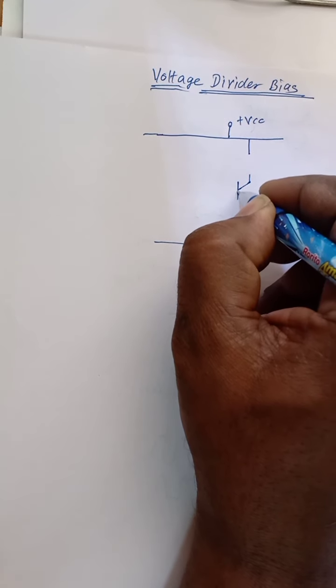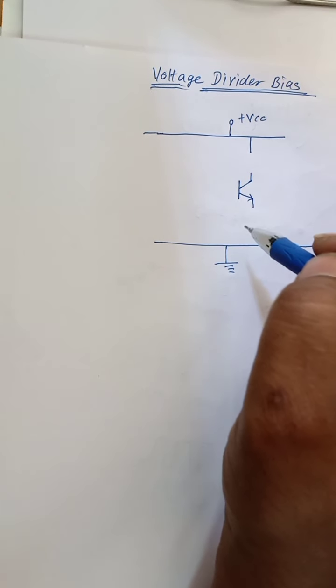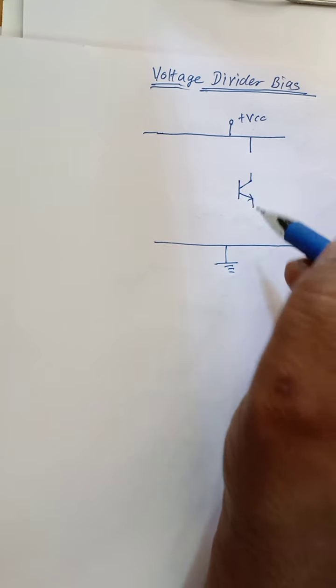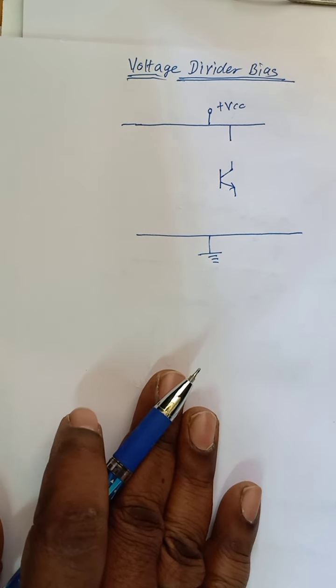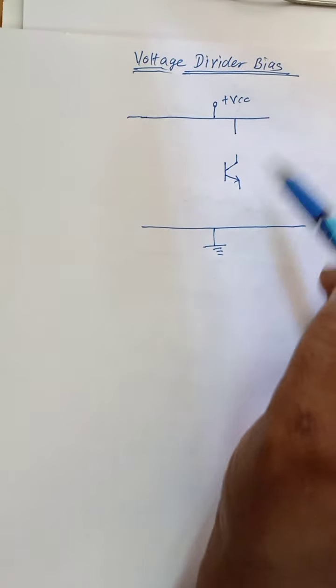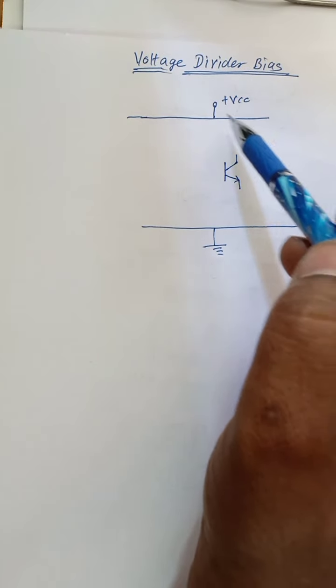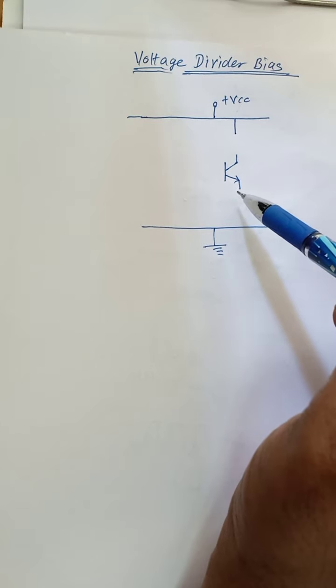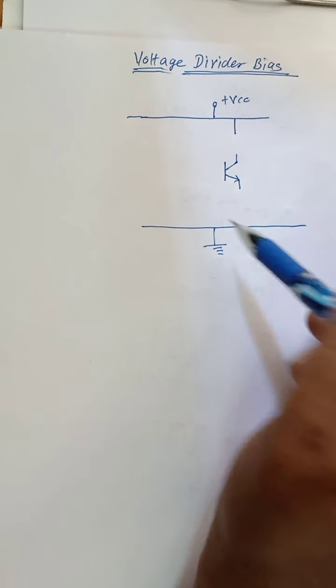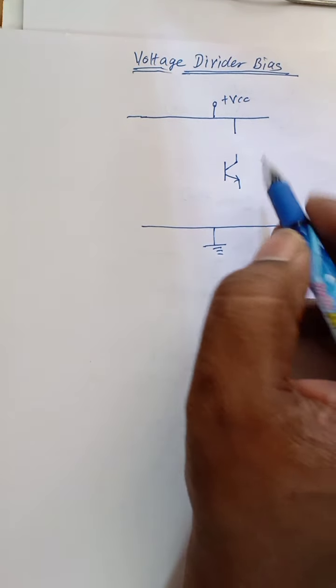Biasing means applying voltage to the transistor so that the Q point of the transistor is maintained at the center of the DC load line. Keep in mind that we provide the biasing so that the Q point is maintained at the center of the DC load line.